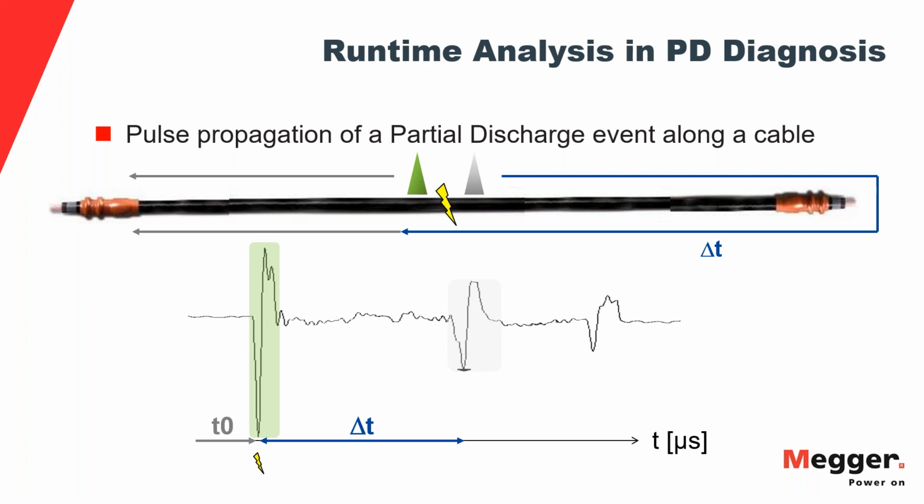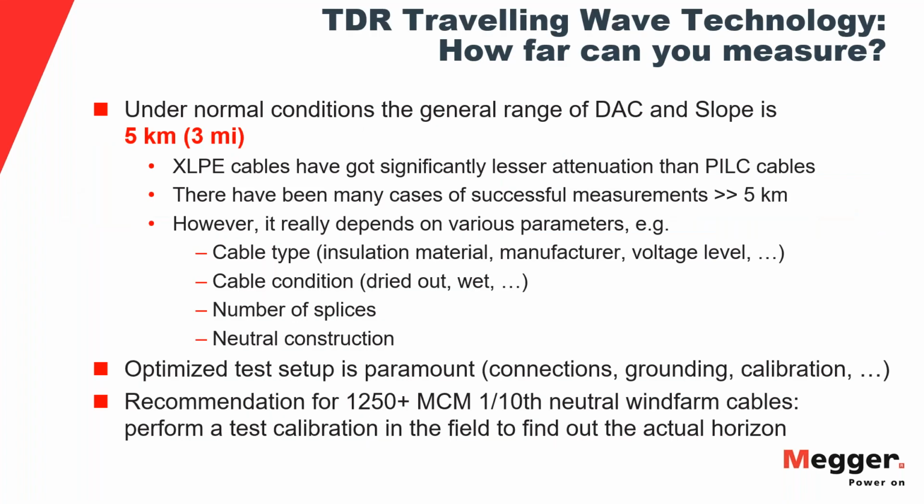And now always a question, how far can you measure? That is one of the first things customers ask. Well, it depends. A proper technical answer is it depends. So what does it depend on? Well, cable type. PILC cables have higher attenuation than XLPE cables. If you have any water in the cable, that has an effect also on the velocity of propagation.